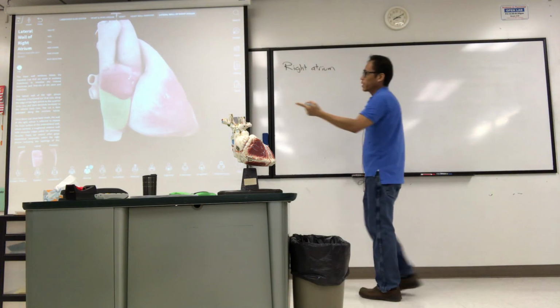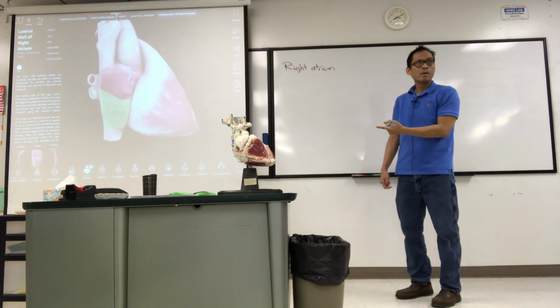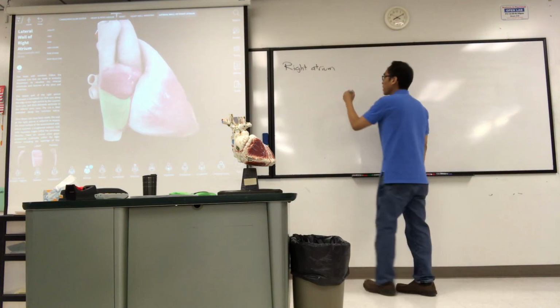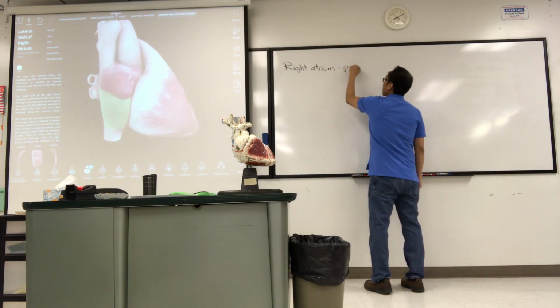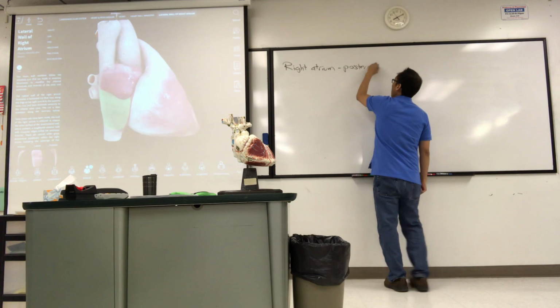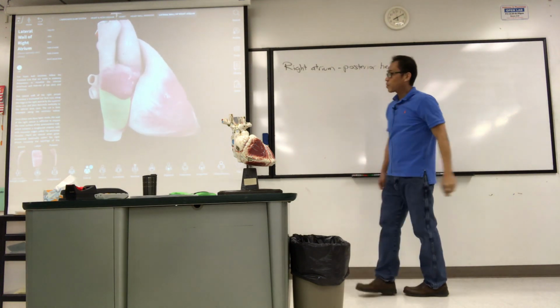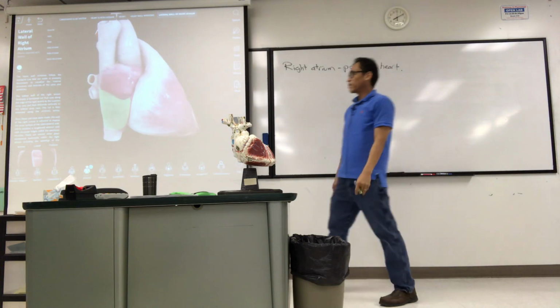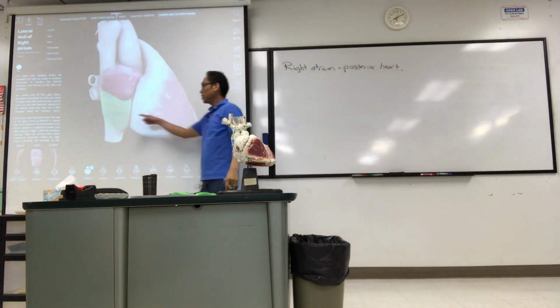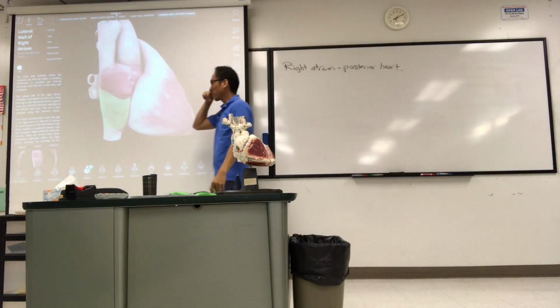In terms of where it is, it's posterior, right? Posterior aspect. Posterior heart. Some people call that the base of the heart, and this is the apex. That's the base, and basically it's posterior.